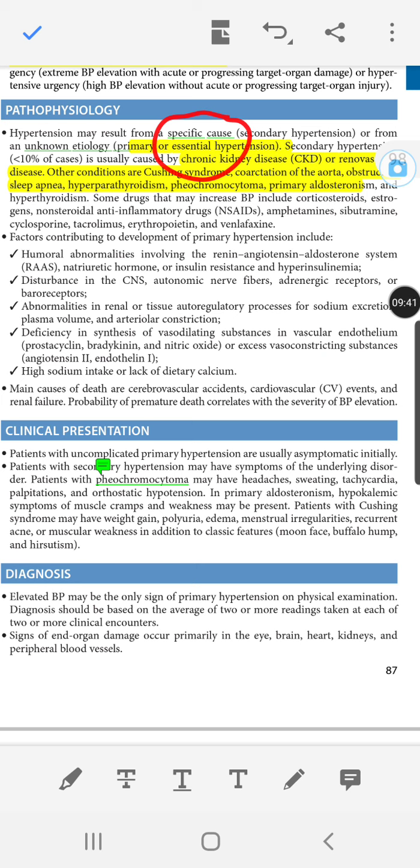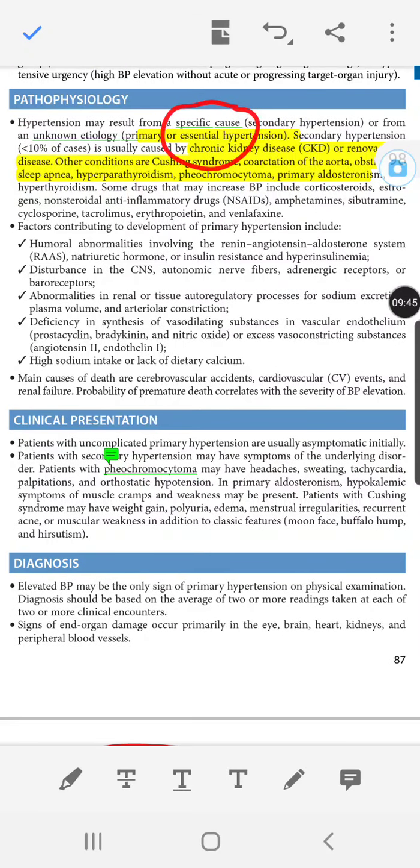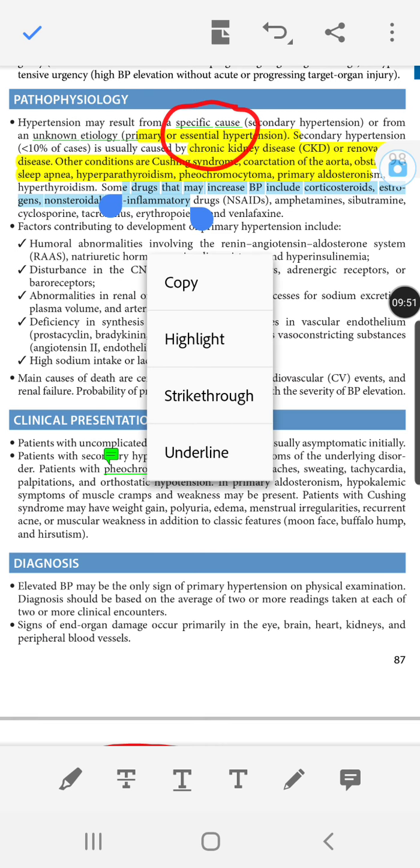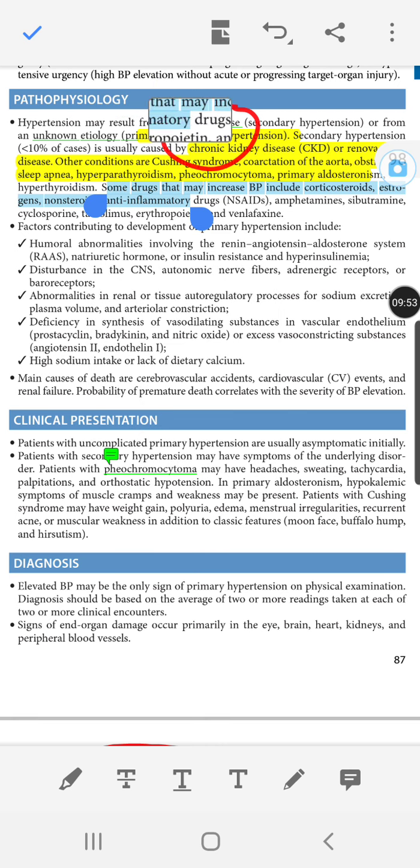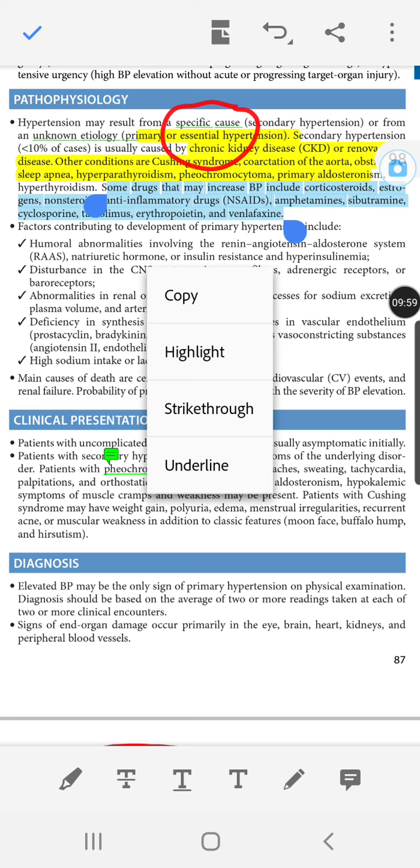Some drugs that may increase the blood pressure include, this is the important point, sometimes the patients are taking medicines and those medicines are responsible for increasing the blood pressure. So if the patient already has the problem of high blood pressure and is taking these medicines, their blood pressure can be worsened.